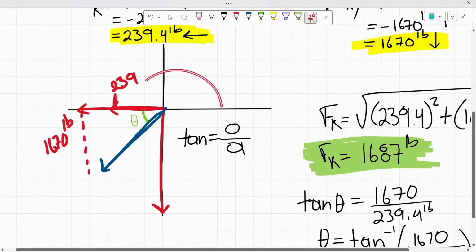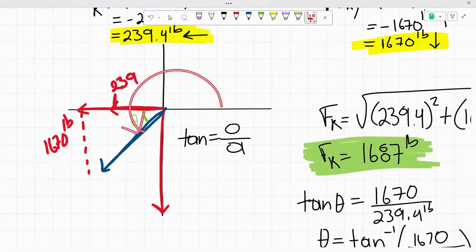But we're trying to find this full angle right here, and that full angle, we're going to call that phi. So to find phi, we're going to take theta plus the 180.